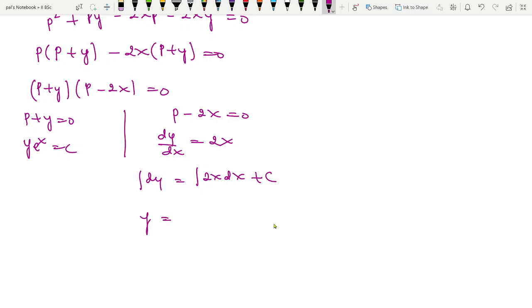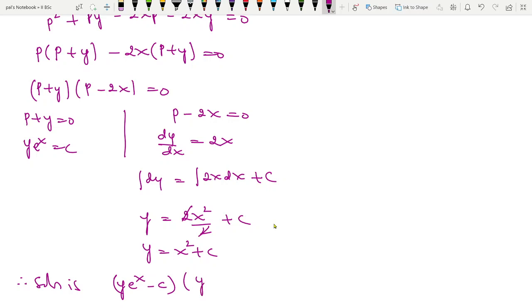So that is y is equal to 2 into x square by 2 plus c. 2 cancels, y is equal to x square plus c. So therefore the solution is (y into e to the power of x minus c) into (y minus x square minus c) is equal to 0. So that's all.